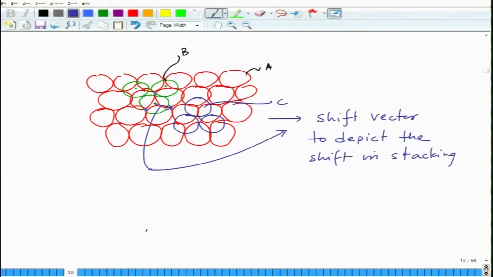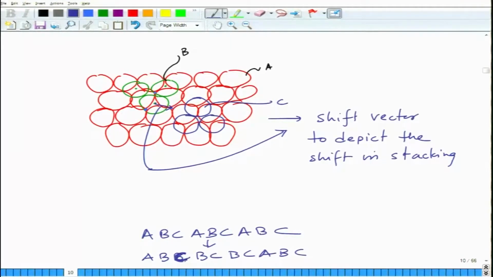So as you go from ABC, ABC, ABC to let us say ABC, I can make it BC, okay, and then again ABC. So you can see A to B, B to C, and then now C to A, instead of C to A you have C to B. So there is a shift in the position, and the shift in the position is basically from one site to another site. Okay. So this is the shift vector.